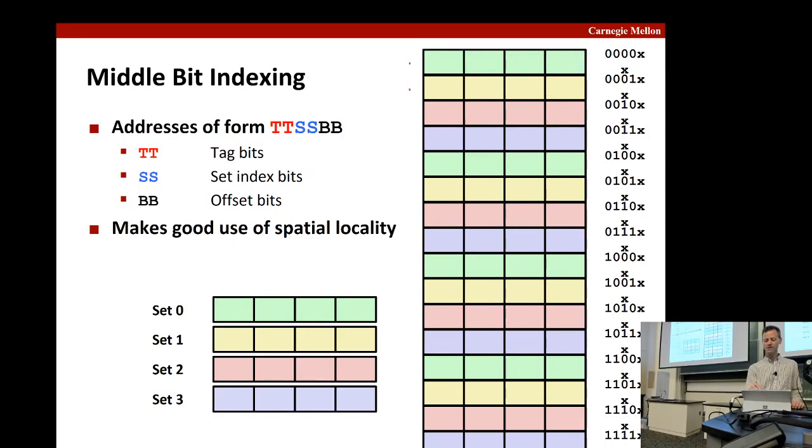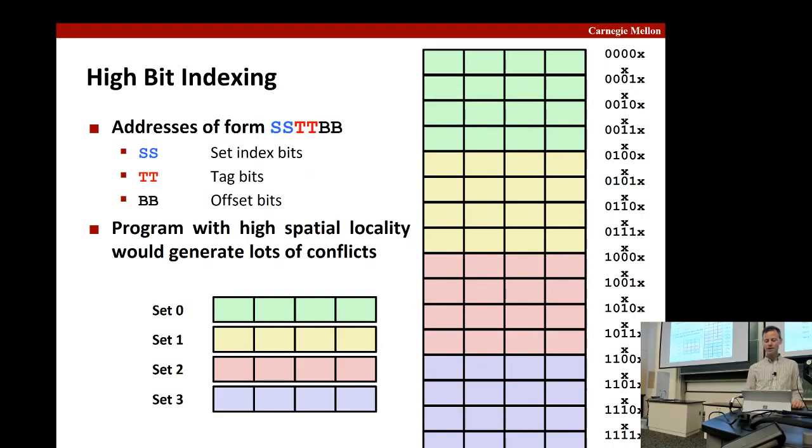If this is one big array and you were just scanning through the array, you would cycle through the sets: green, yellow, blue, pink, and so forth. That makes it more likely that you were spreading the data across your cache, and therefore less likely to have conflict misses.